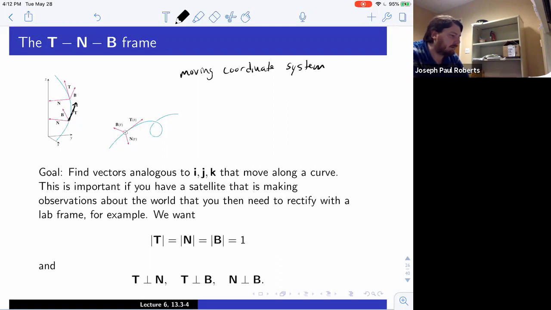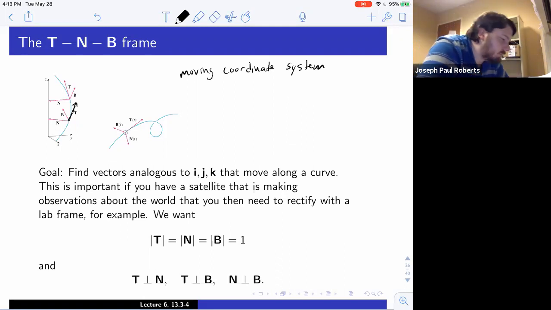And I don't just have the t, I have two other vectors, we'll call them n and b, we'll name those in a second. And essentially we want these to be analogous to our standard basis vectors i, j, and k, but that they just move along this given curve. So at each point on the curve you have t, you have n, you have b.